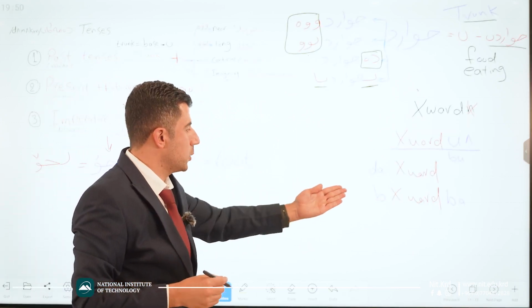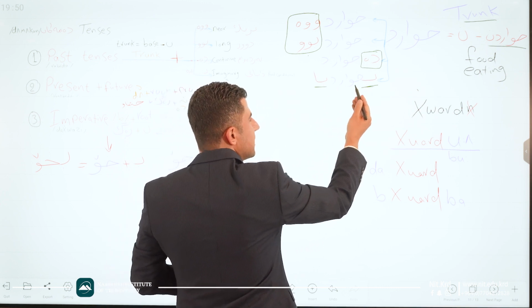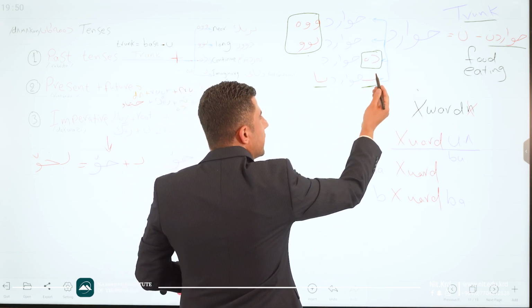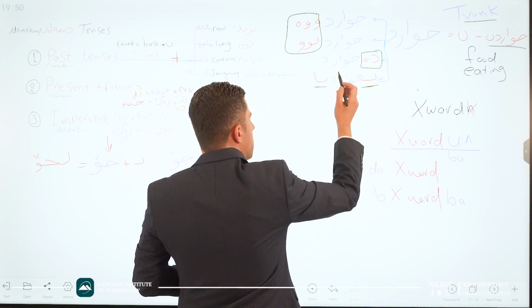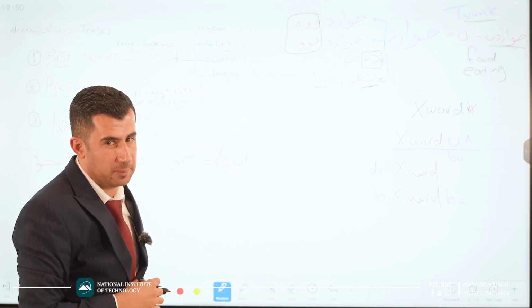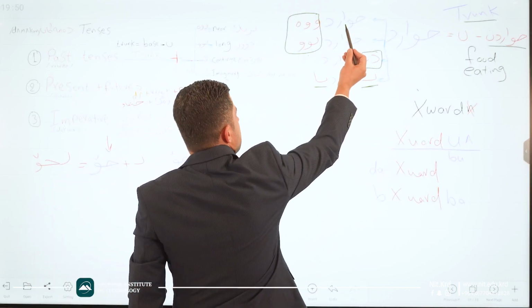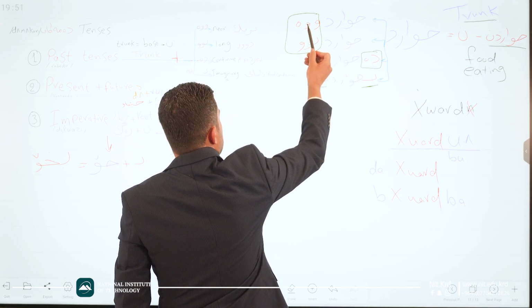When we write this in Kurdish, have a look here. Khward is the trunk of the verb. We add b at the beginning of the trunk, and then we add ba at the end. Bkhwardba. Right now, this one is past near.